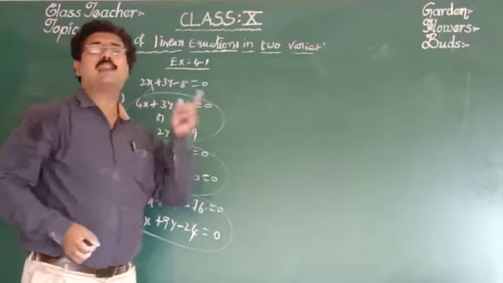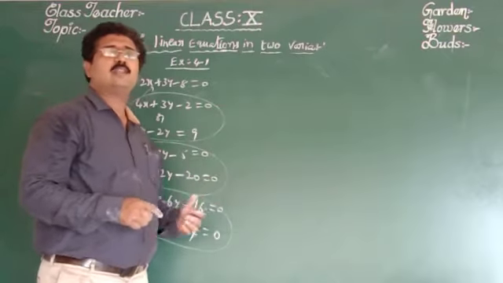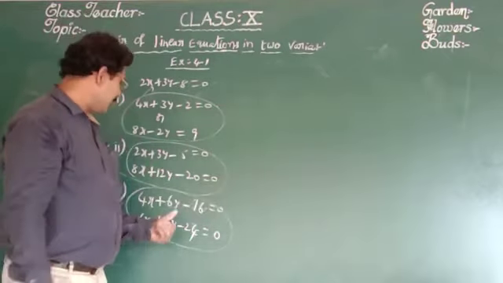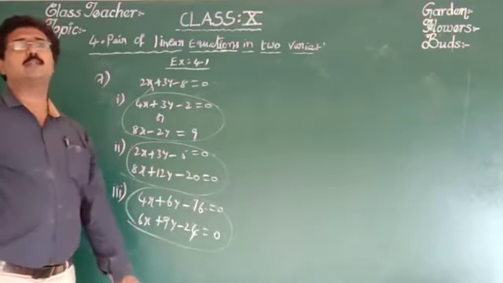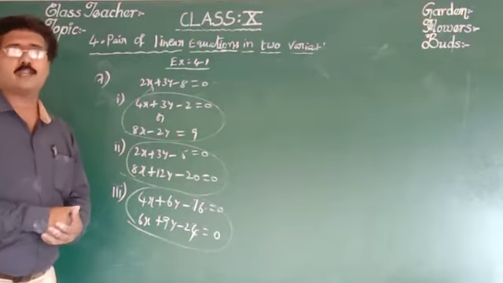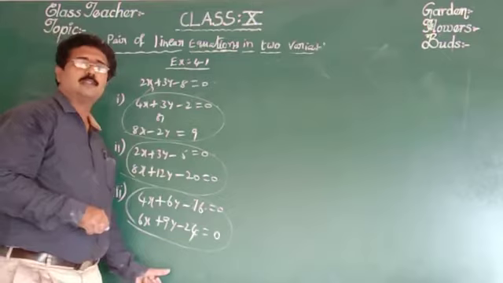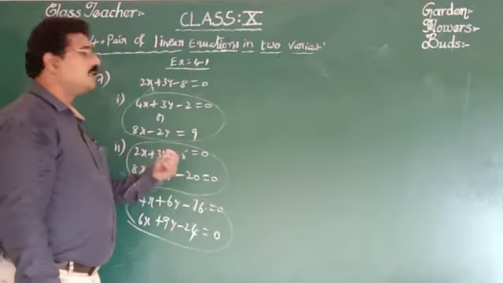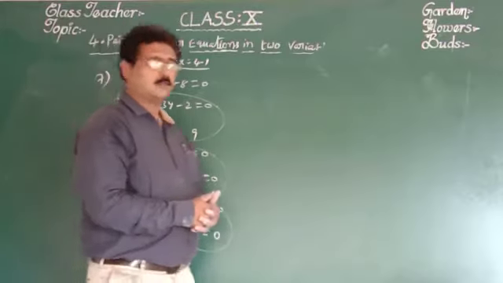That's why they are parallel lines, inconsistent and independent. Every parallel line pair has no solution. Next, a1 by a2 is equal to b1 by b2 is equal to c1 by c2, then those are a consistent and dependent pair of equations, and that means it has infinitely many solutions. So this is the way to write the equation.